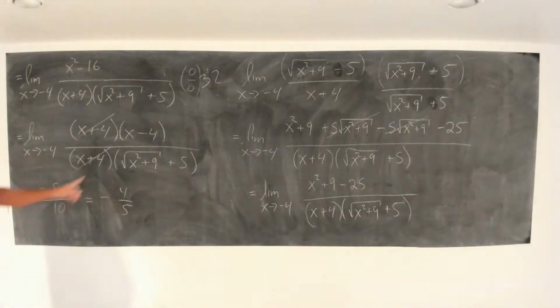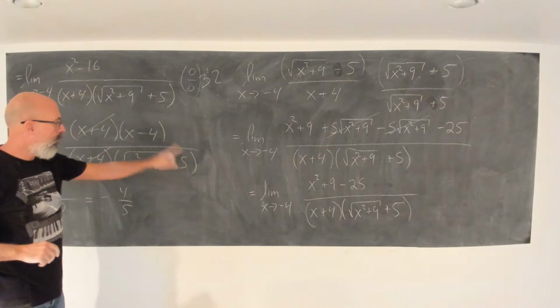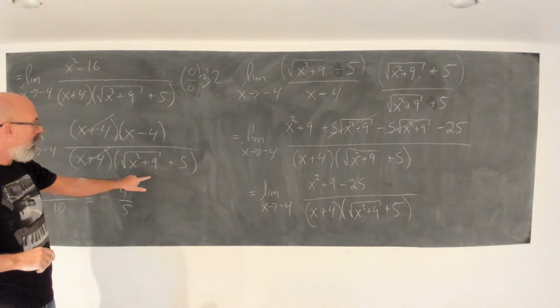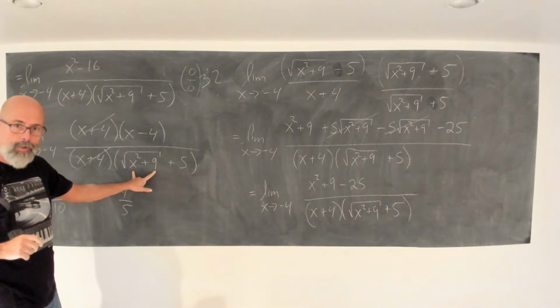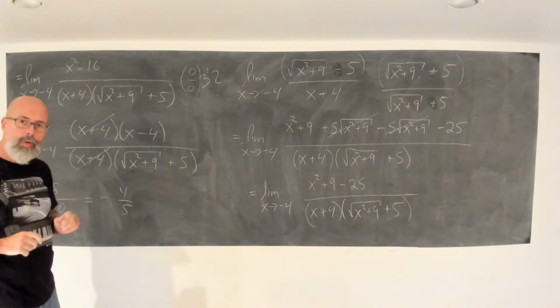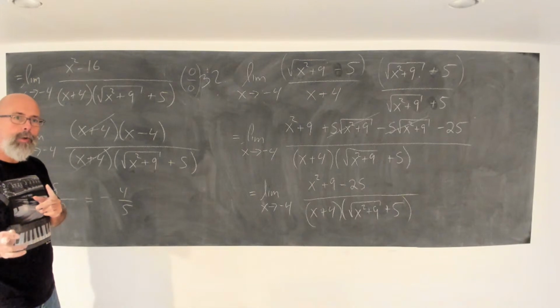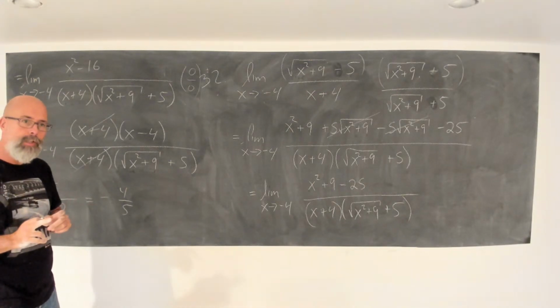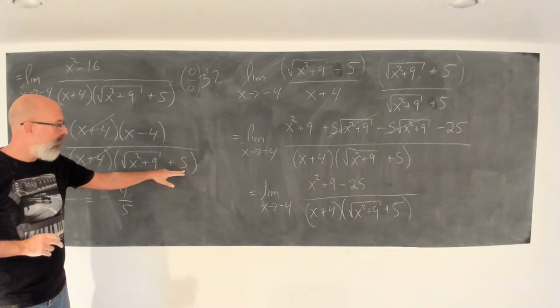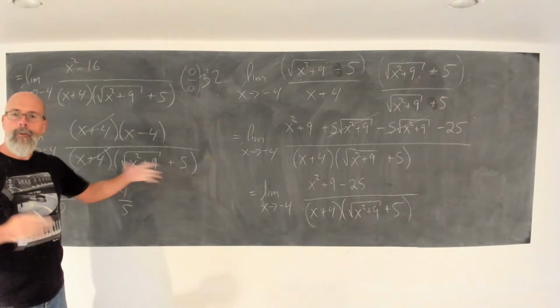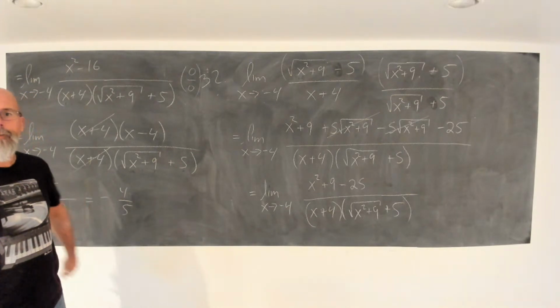Chris is asking, since the denominator is not a polynomial, are we still allowed to plug in? Well, this is a polynomial, so you're allowed to plug into that. You have a square root here, and we saw the limit of a power is the power of the limits. And then you saw that the limit of a constant is a constant, and so everything is still fine.